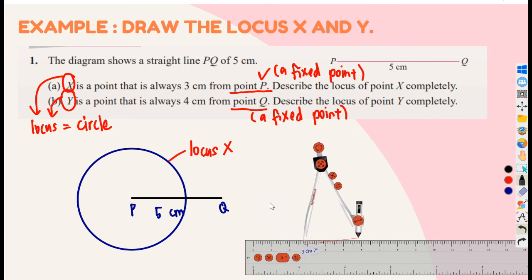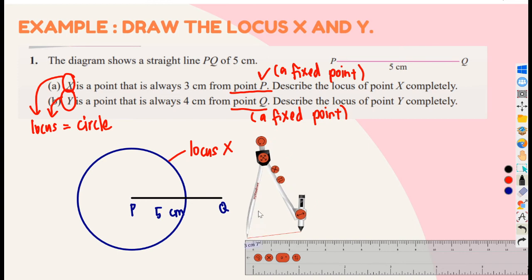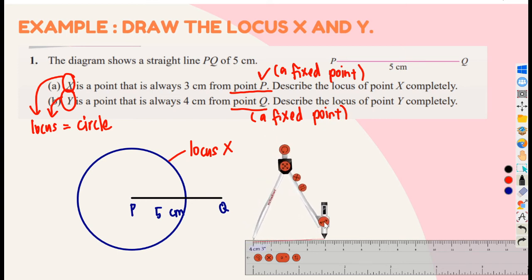You need to measure your compasses. So 0 until 4. This one is 4 cm.